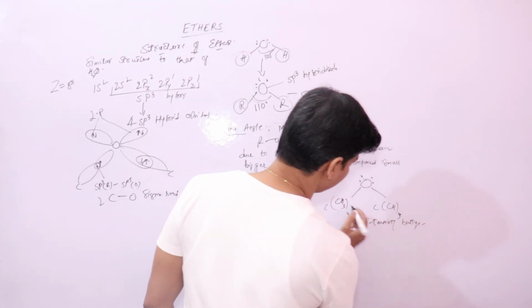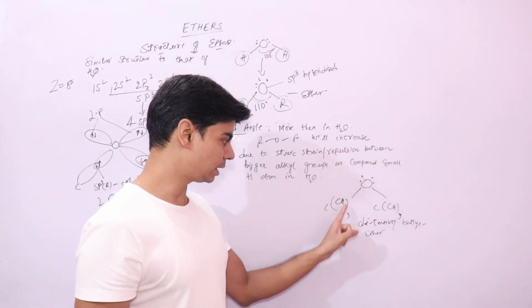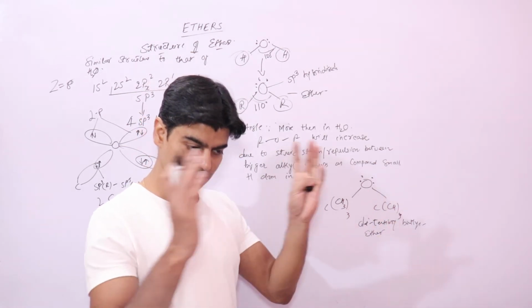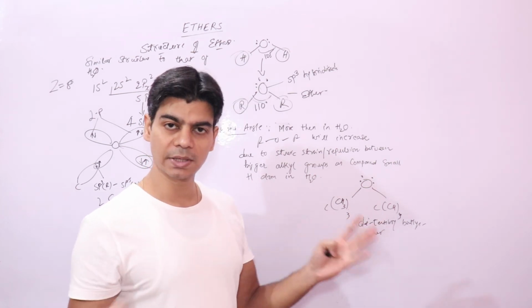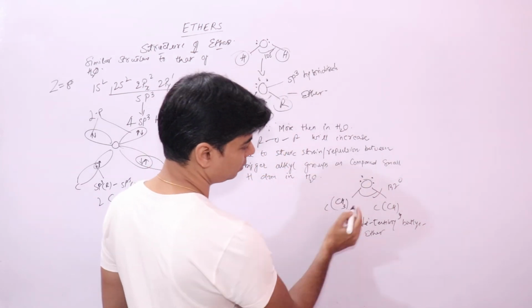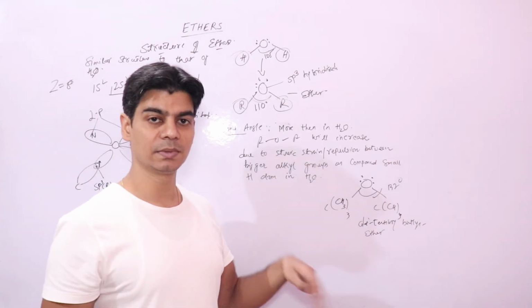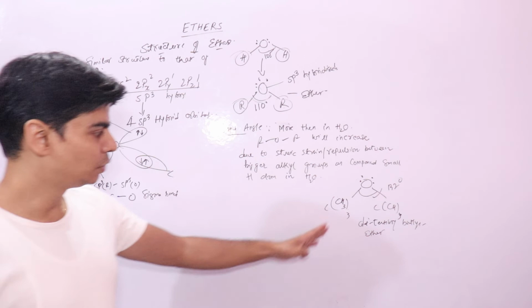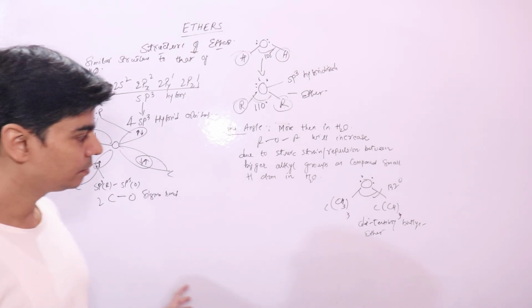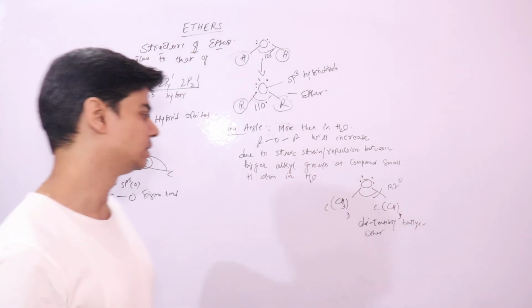The name of this compound is ditertiary butyl ether. You can see there are 3 methyl groups here and 3 methyl groups here. So it's a very big structure, and you have more steric repulsion, which increases the angle to 132 degrees. The angle is 132 degrees because of maximum steric repulsion or steric strain due to these bigger alkyl groups. Bigger size of the alkyl groups means more steric repulsion.